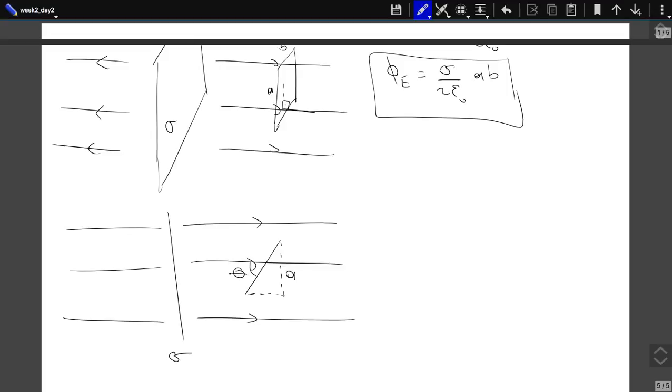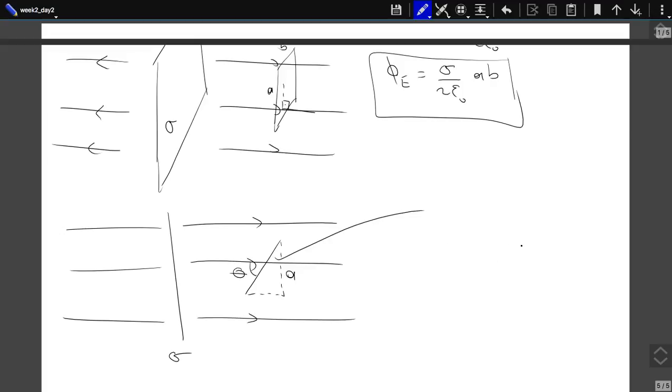Now, if you look at this area straight from the side, this area and that area would look identical. I mean, this side is longer than A, but the other side is equal to B.